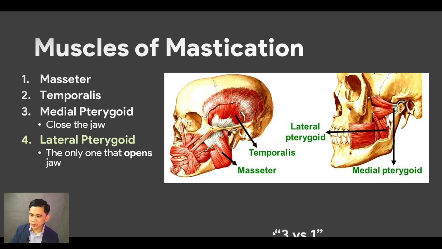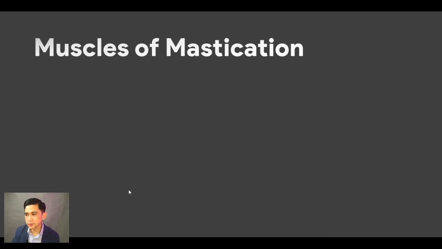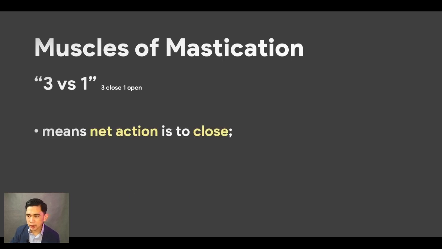So we have what we call the 3 versus 1: 3 muscles that close the jaw and only 1 muscle that opens the jaw. The 3 versus 1 is usually very prominent in clinical cases. When there is spasm of the muscles of mastication, meaning they contract without your control, the net action is to close.